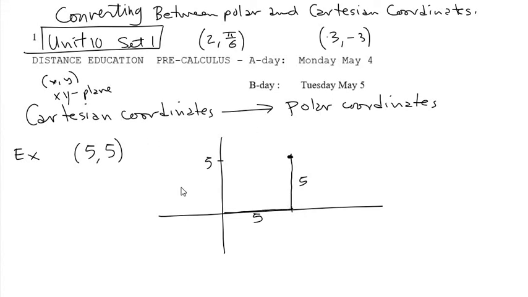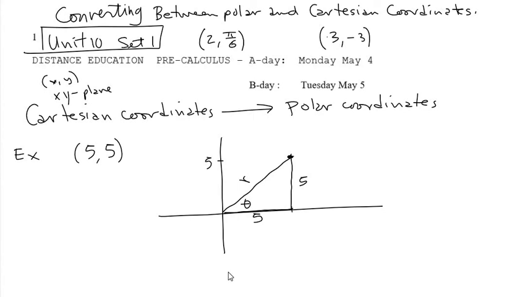Right? So now what I want are the polar coordinates. Well, the polar coordinates are this distance here that we usually designate as r, and this angle here that we usually designate as theta. Right? So what we're going to try to do is figure out what are r and theta in this triangle.